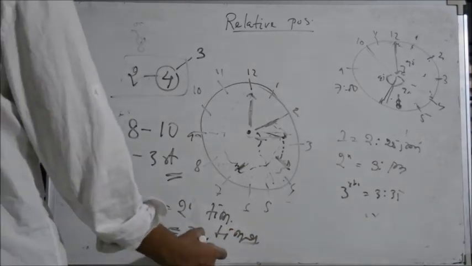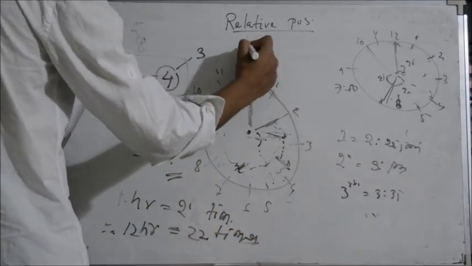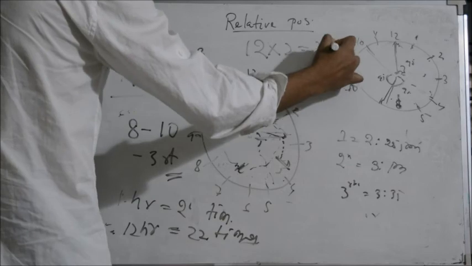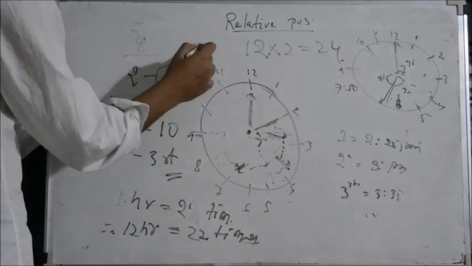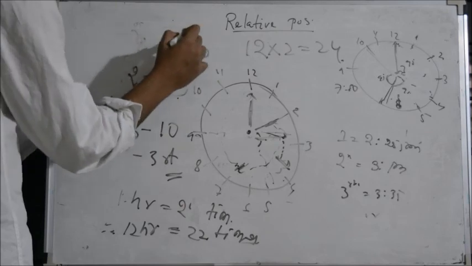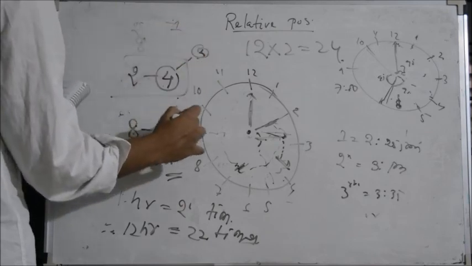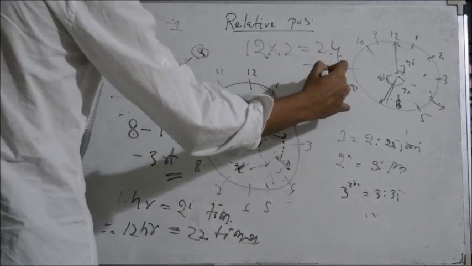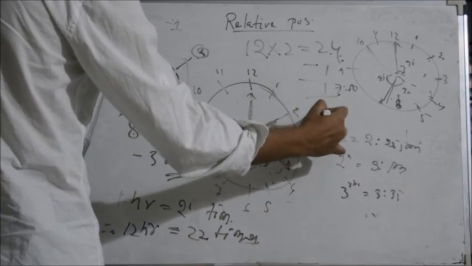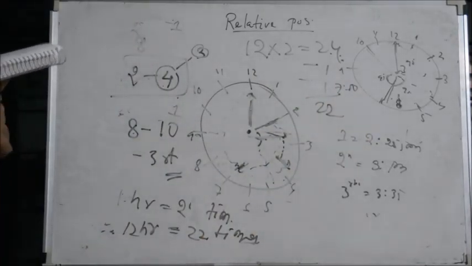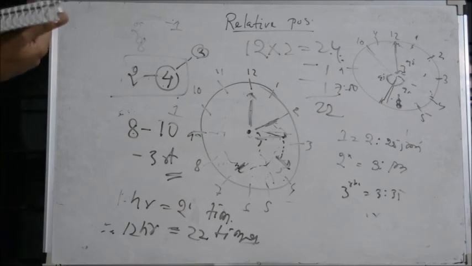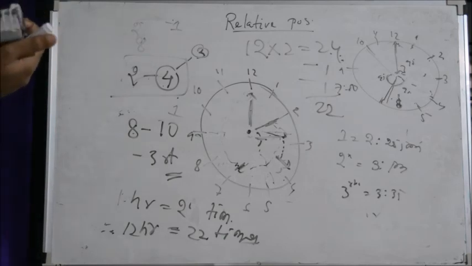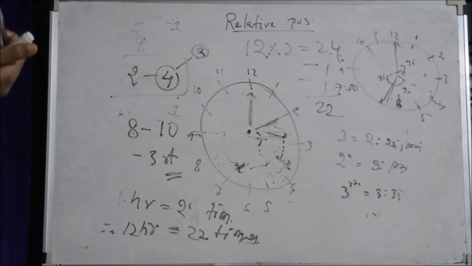Why? Because we should have 12 into 2, 24. But between 2 to 4 and 8 to 10 we have only 3 instead of 4, so we reduce 1 from here and 1 from here. So 24 reduces by 1 and 1 to 22. Therefore in 24 hours we should expect 48 times, but we will get only 44 times.